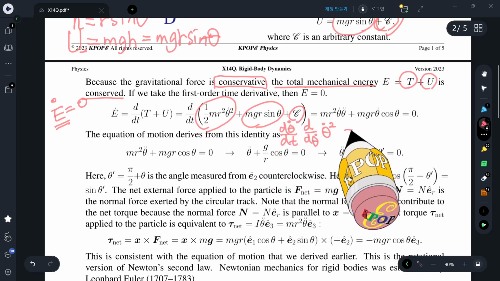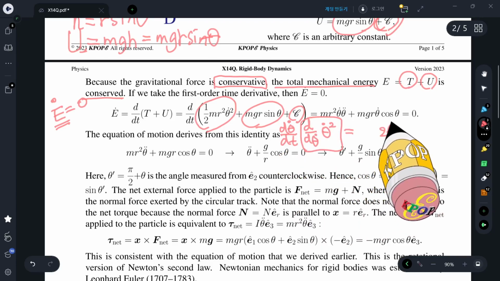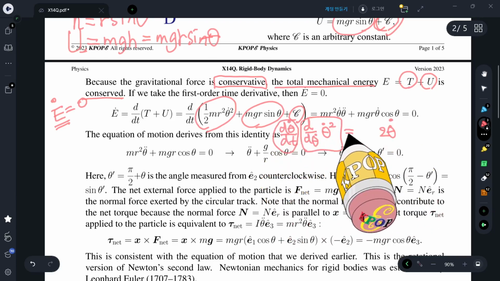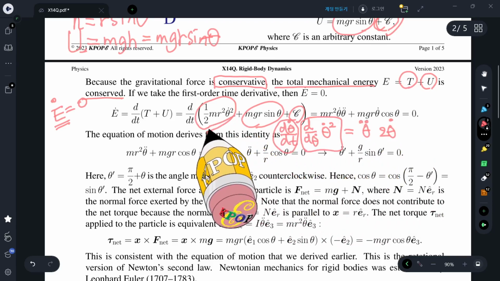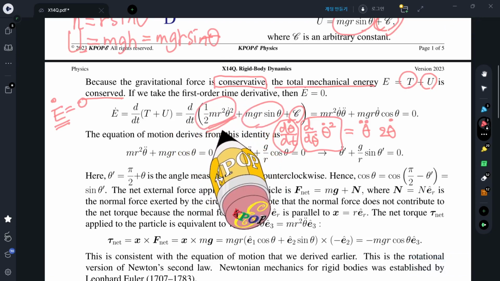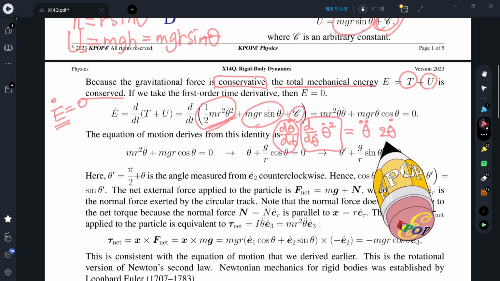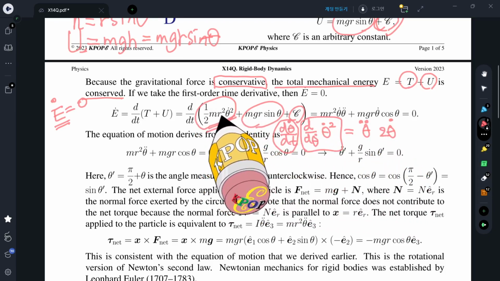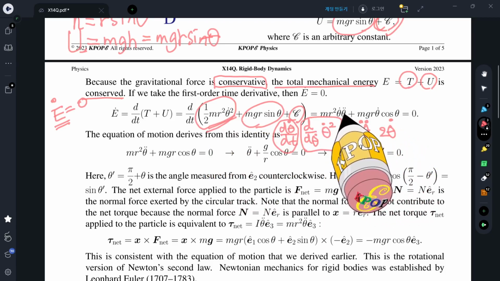Okay, so what's that? 2 theta dot. What's that? Theta double dot. Therefore, the chain rule gives the time derivative of the kinetic energy as one half, this factor of 2 cancels, m r squared theta dot theta double dot.